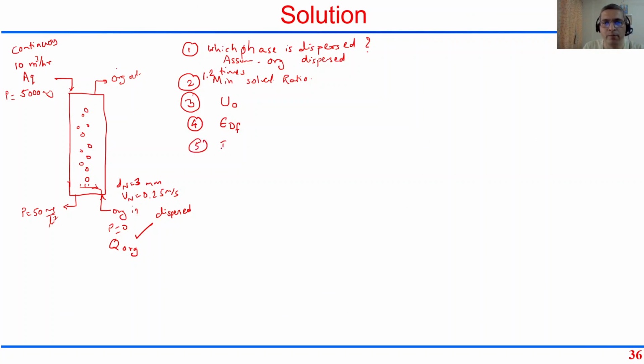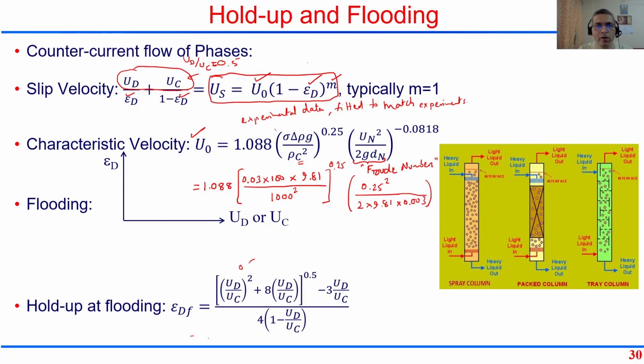Now, if epsilon d is 0.7 times epsilon df, then we have also calculated the epsilon d, the hold up of the dispersed phase, hold up of the organic phase that we want. We had all done these calculations, right?